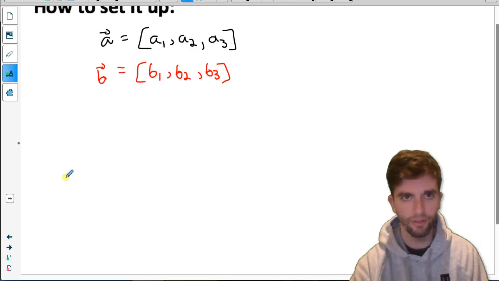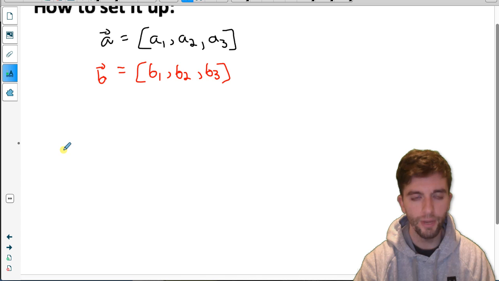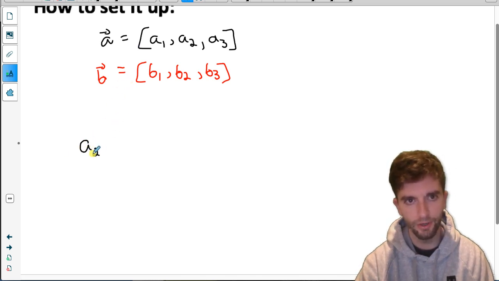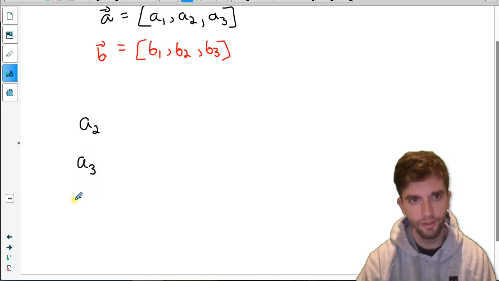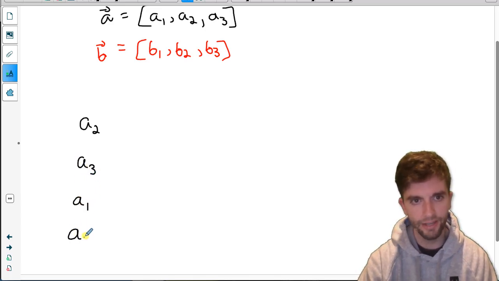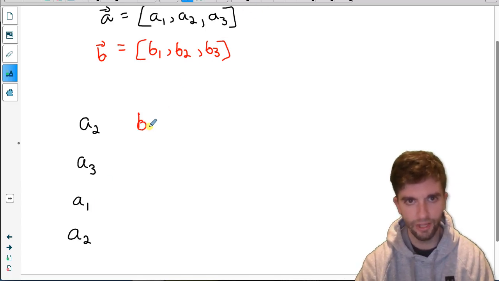One column has components from vector a, and one column has components from vector b. The way I set up the first column for components of vector a is I do the second component of vector a first, then the third component, then the first component, and then I write the second component again. And then the column for vector b, I follow the same pattern. Second component, third component, first component, second component.